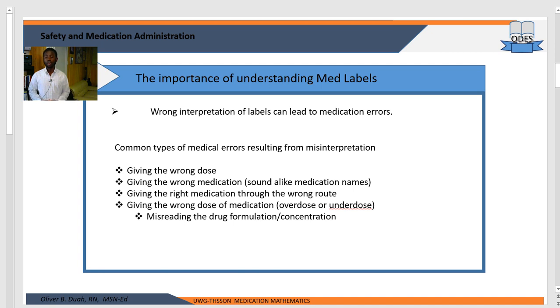This can cause an overdose, which may cause adverse reactions from the patient, such as anaphylactic shock or respiratory depression or death. We can also give an underdose of the medication, which will lead to incompetent care. So misreading the drug formulation or concentration can result in an overdose or an underdose.